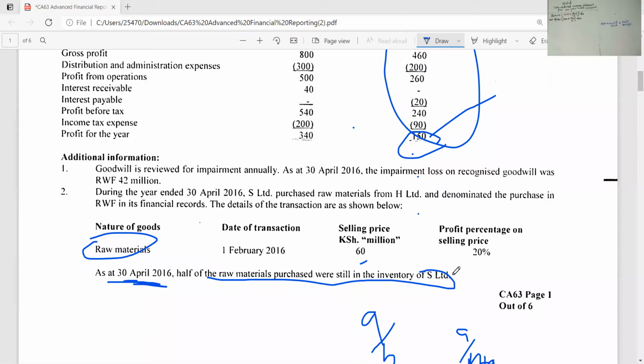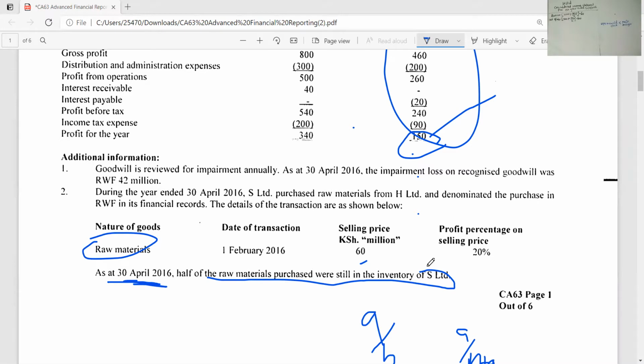But did S resell the entire 60 by the end of the year? You are told here, as at 30th April 2016, a half of the raw material purchased was still in the inventory of S. So a half of the 60 were never resold.